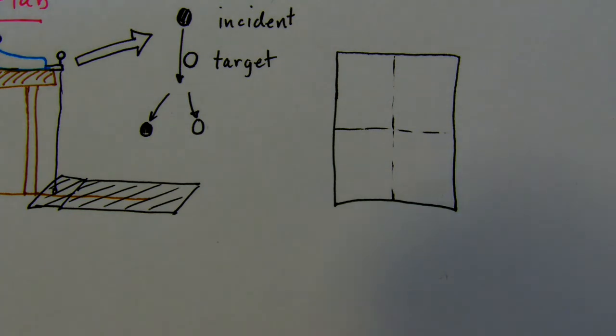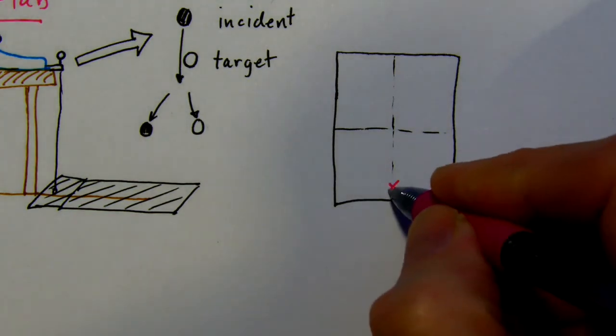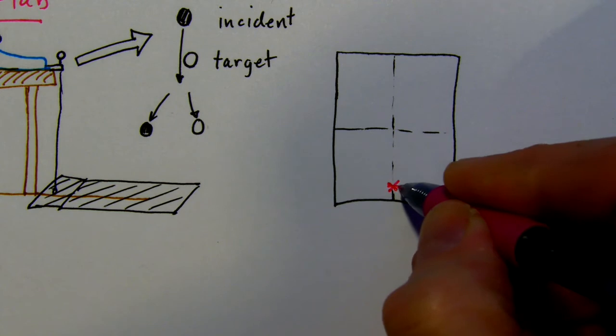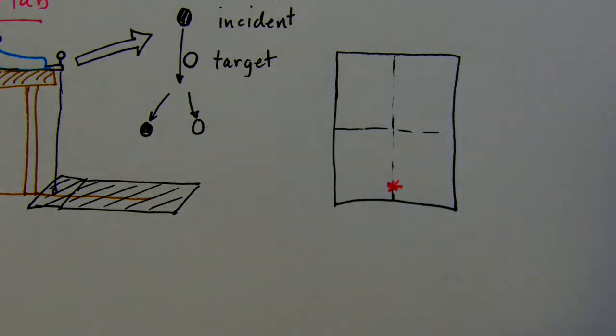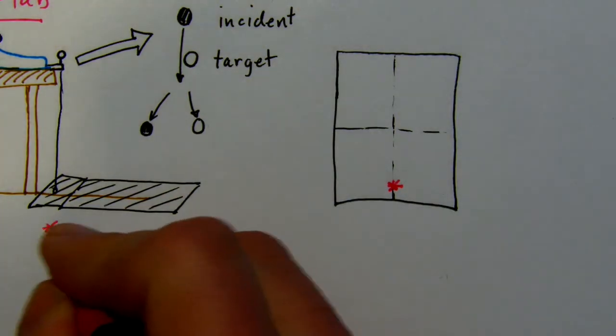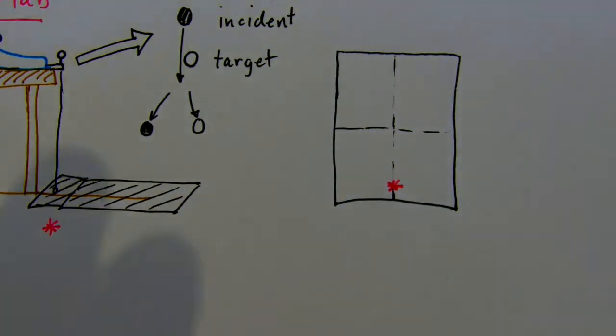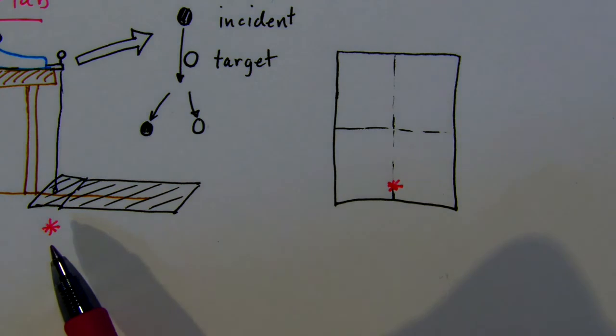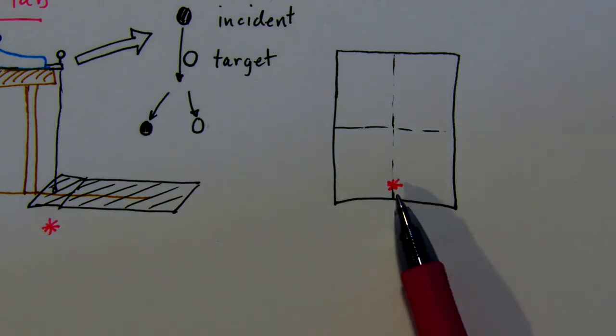What we can do then is designate this target, or this collision point right here. In other words, that's where the collision took place in the air. And this plumb bob, I'm going to designate that down here. That plumb bob is positioned right there above the paper. So this little star here is indicated on this set of papers here.